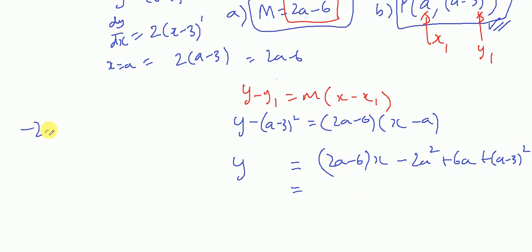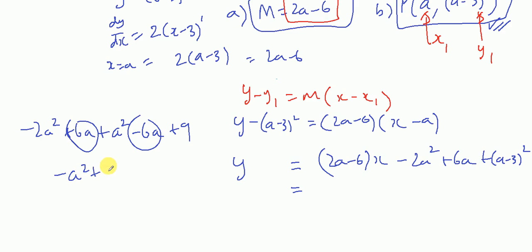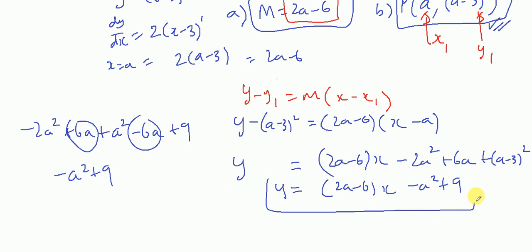I've got minus 2a squared plus 6a plus a squared, 2 times the first, minus 6a plus 9. They sum to 0, so I've got minus a squared plus 9. So I've got (2a minus 6)x minus a squared plus 9 will be the equation of my tangent in terms of a.